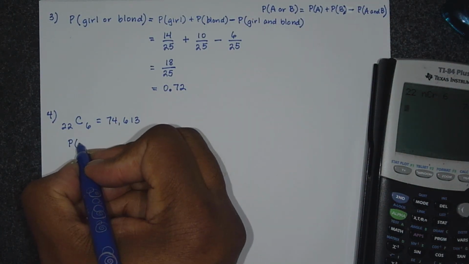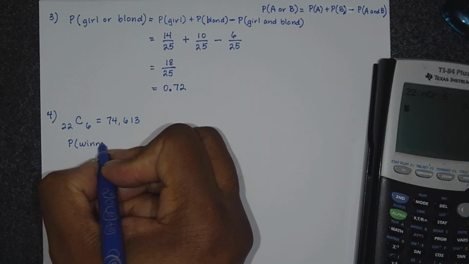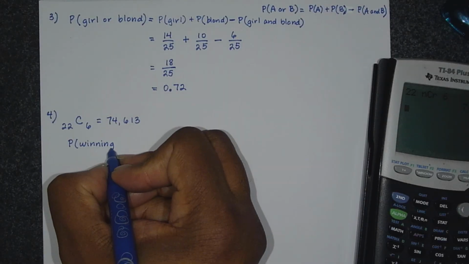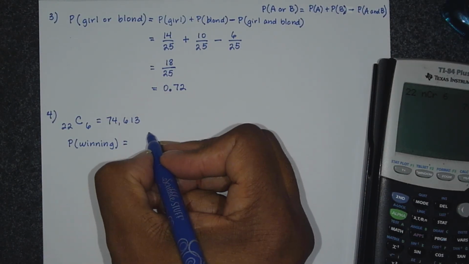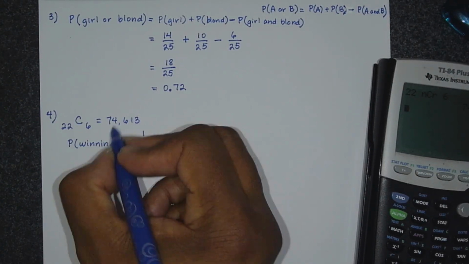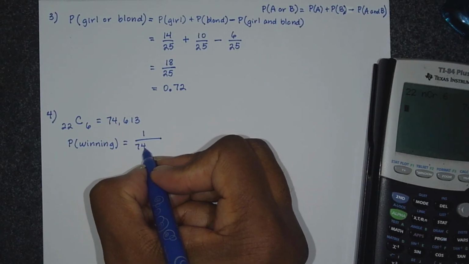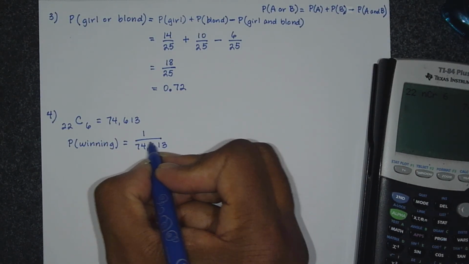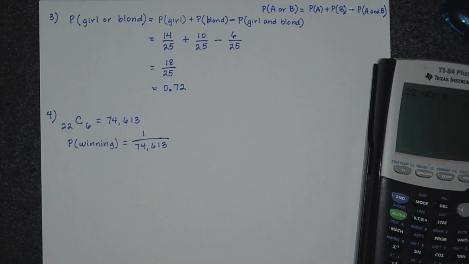But here we want the probability of winning. There's only one way you can win it, so it's got to be 1 over this number right here, 74,613, and I will leave this as a fraction. I don't care about the decimal. I'll leave that as a fraction.